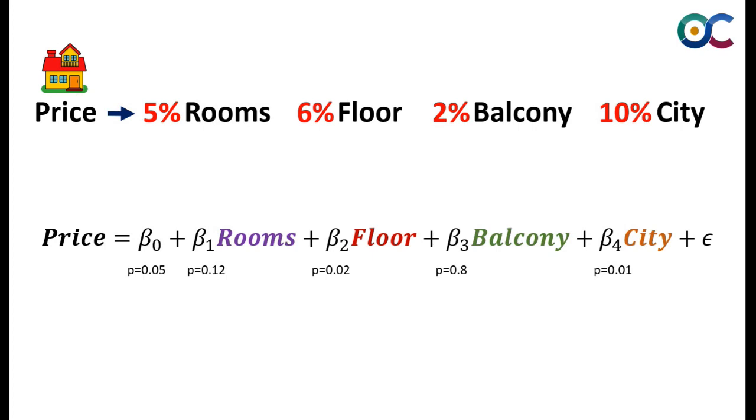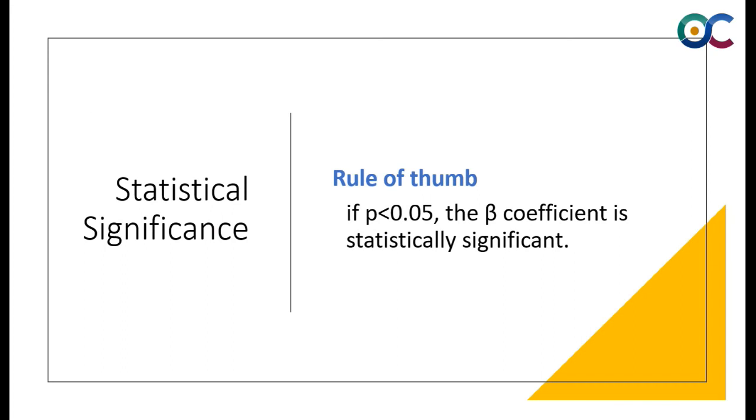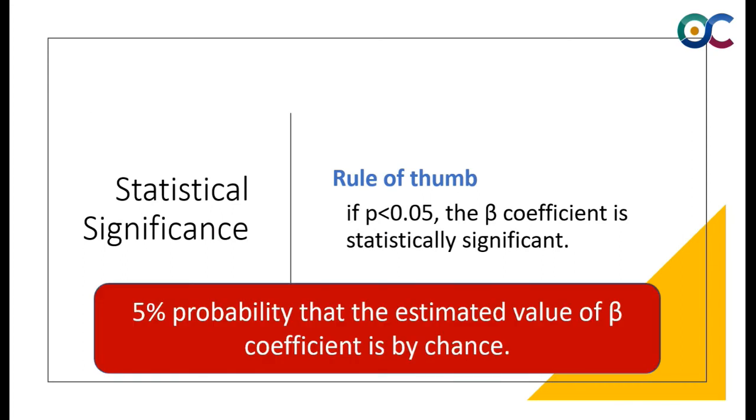So whenever you see a p-value of less than 5%, it means that your coefficient is statistically significant, meaning that there is only a 5% probability that the estimated value of the beta coefficient is by chance. It means that the estimated coefficient is wrong. That is, there is only a 5% likelihood. So this is what it means, and I hope that it was clear. Thank you very much for watching.